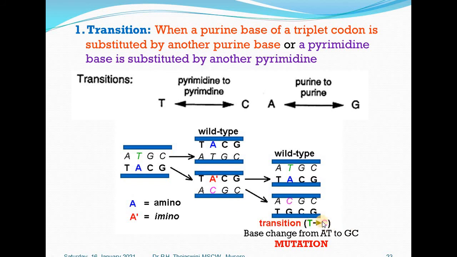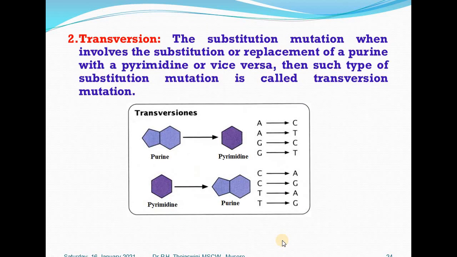So this is called a transition reaction. Instead of thymine, cytosine has been replaced. So there is a base change from AT to GC, AT to CG. This is called mutation because of transition.